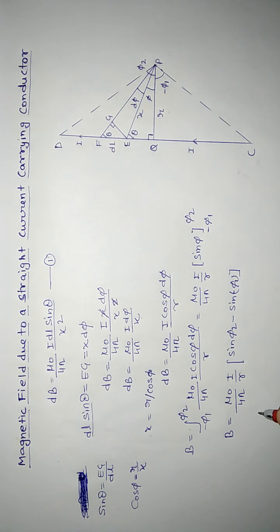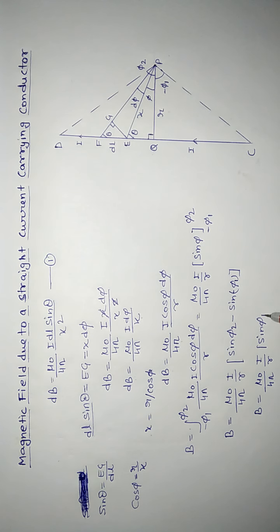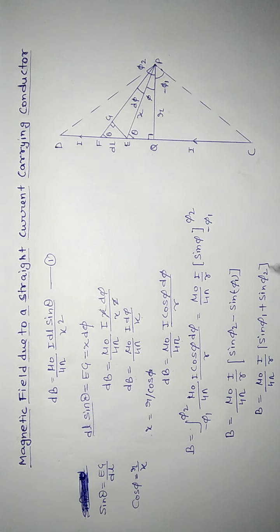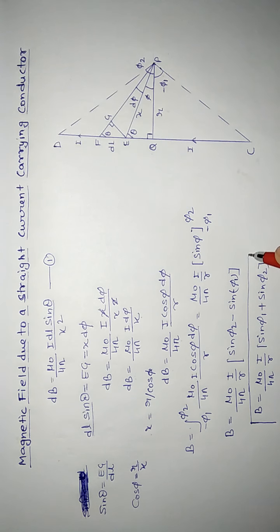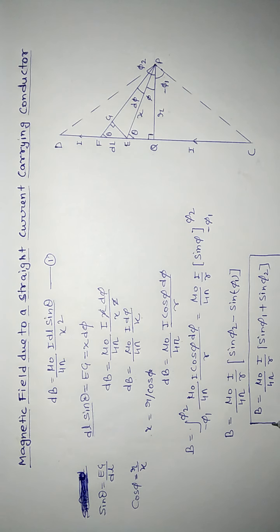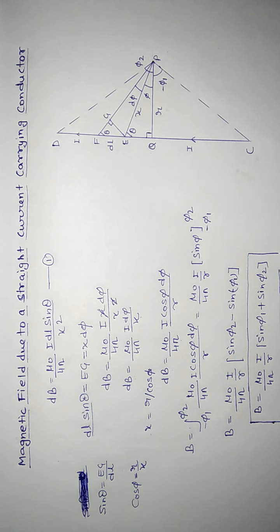So this will be equal to B is equal to mu naught upon 4 pi I by r, sin phi 1 plus sin phi 2, because sin of minus theta is equal to minus sin theta. So this is the formula for calculating the magnetic field due to a straight current carrying conductor of finite length.